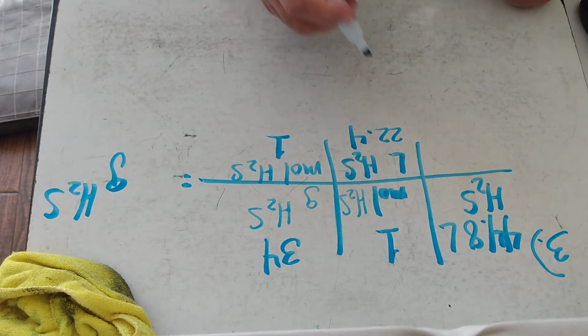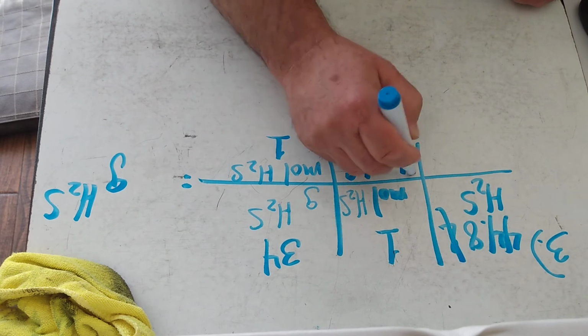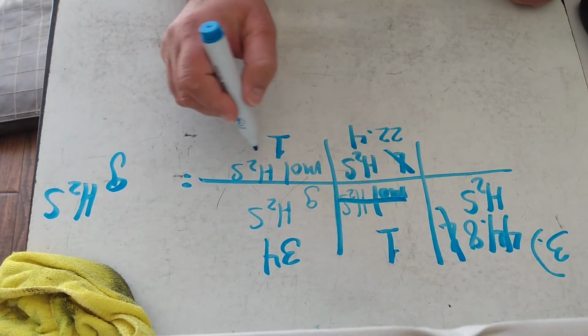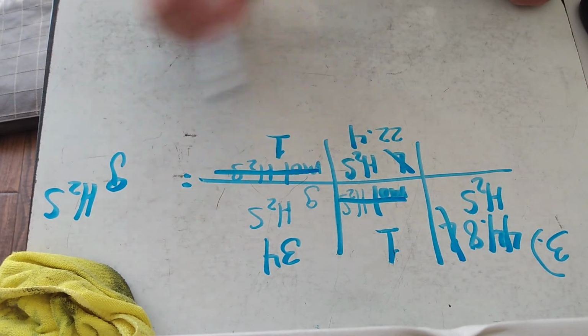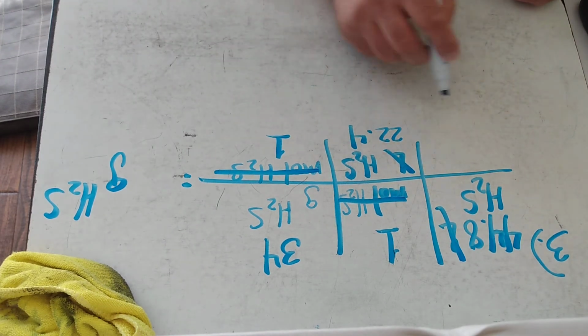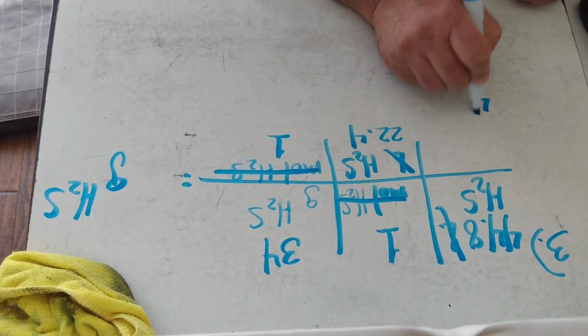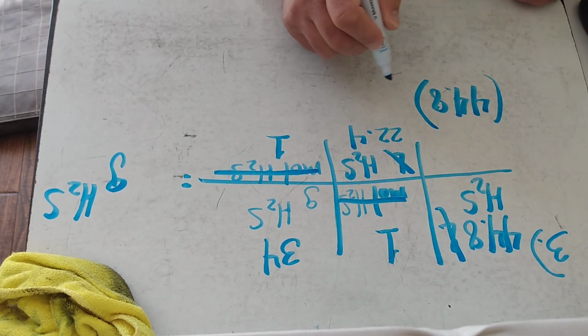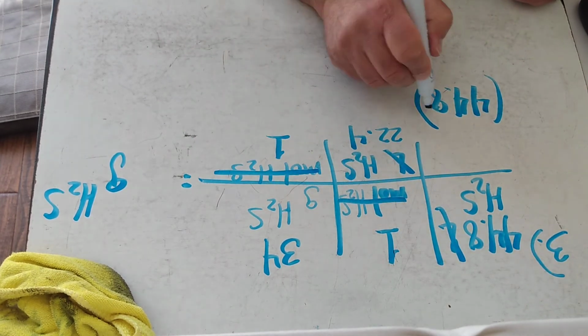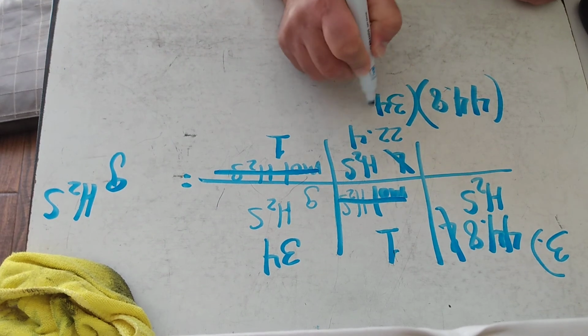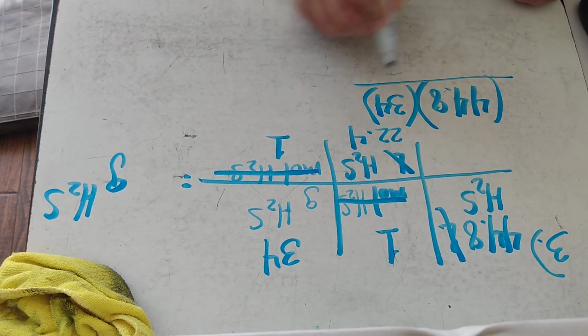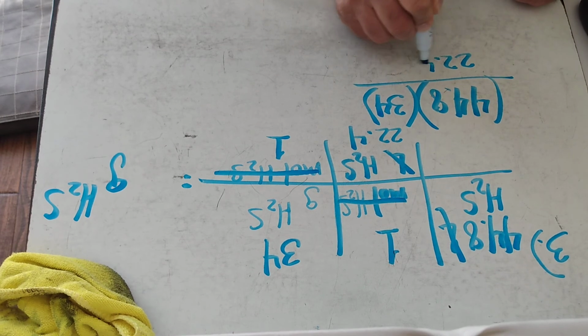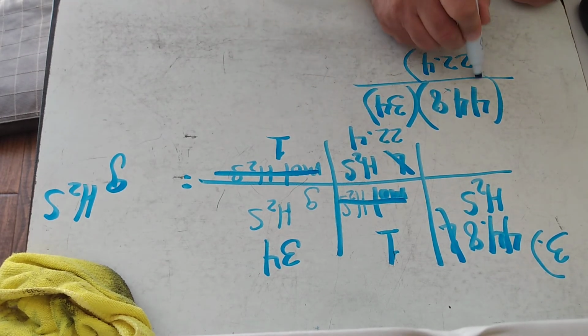Let's cancel out our liters. Our liters cancel out. Our moles cancel out. And now we're left with grams. Let's now simplify it and bring our numbers down: 44.8 times 1, who cares, times 34, all divided by 22.4 and 1. No big deal.